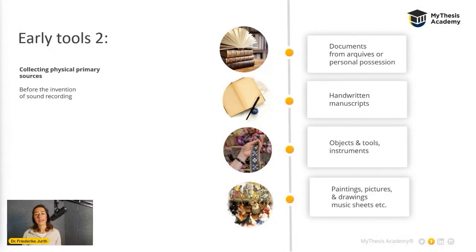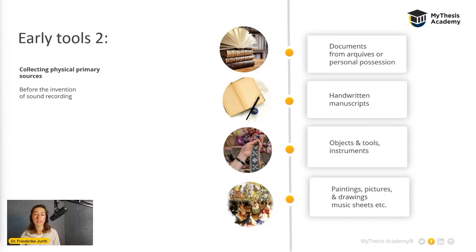Then we also had other types of early tools for documentation. Now we are stepping away from the technical devices, and on that side you really have the part of the collection. For example, you could collect documents from archives or from personal possession. You also could collect handwritten manuscripts.